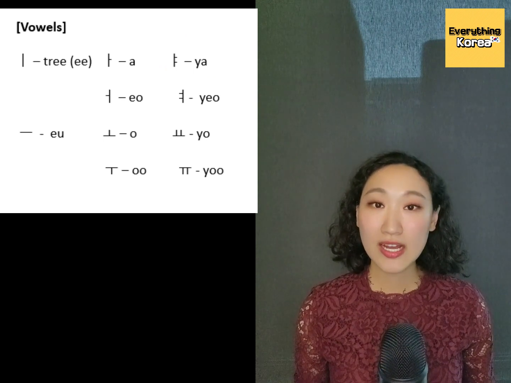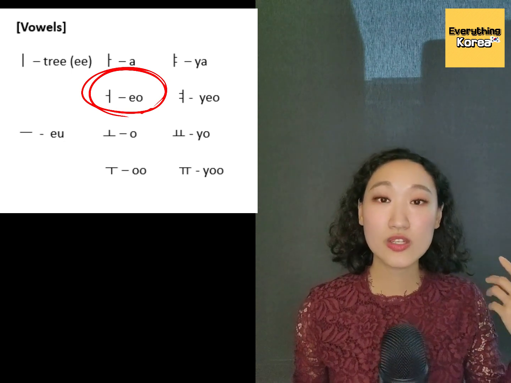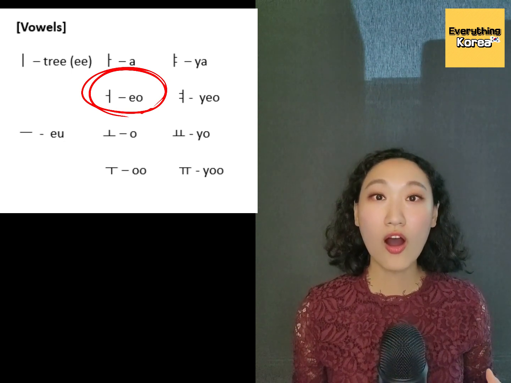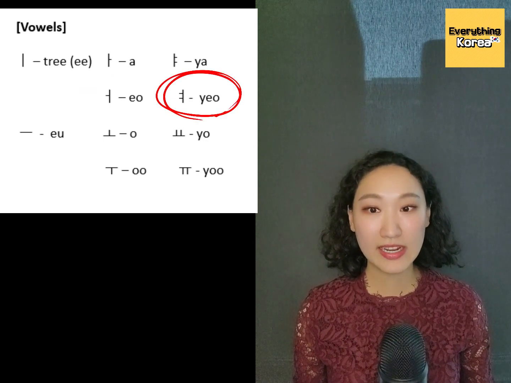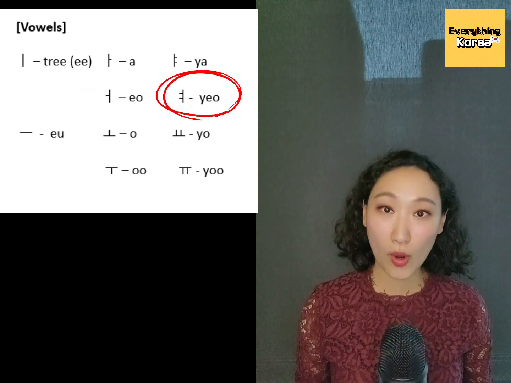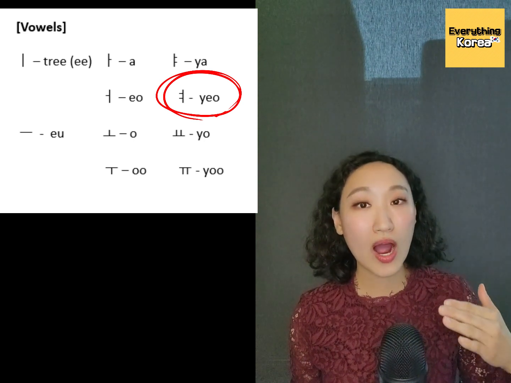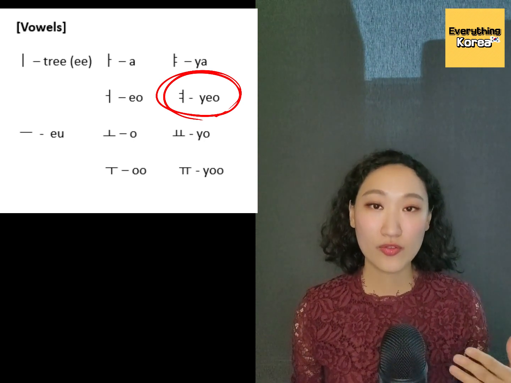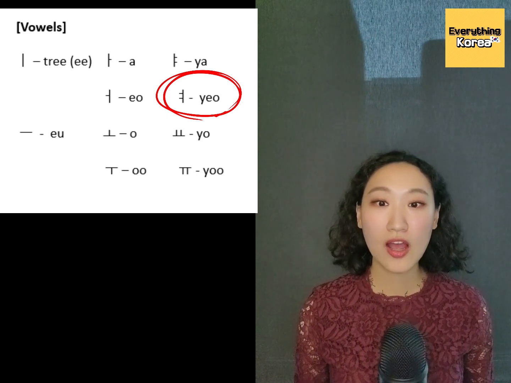And there's a line inside of the tree, and it sounds O. And add one more line, sounds yo. Because it's double lines, we add Y in front of O. So it's gonna be yo.